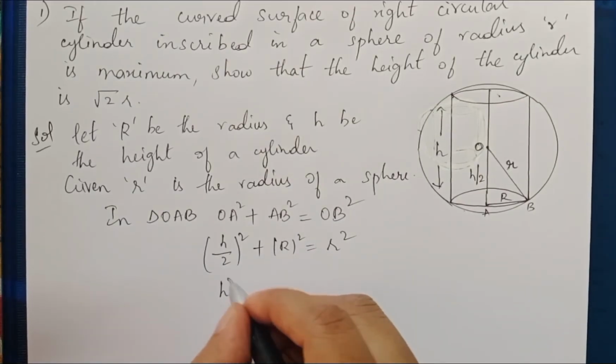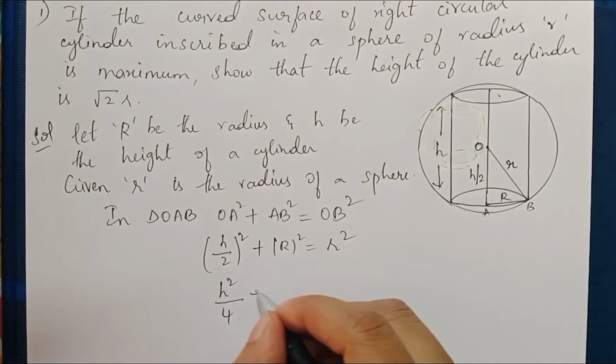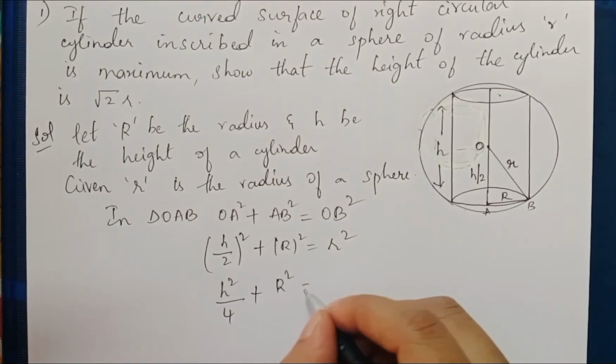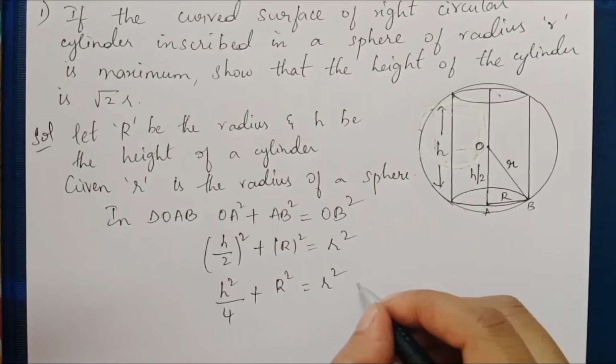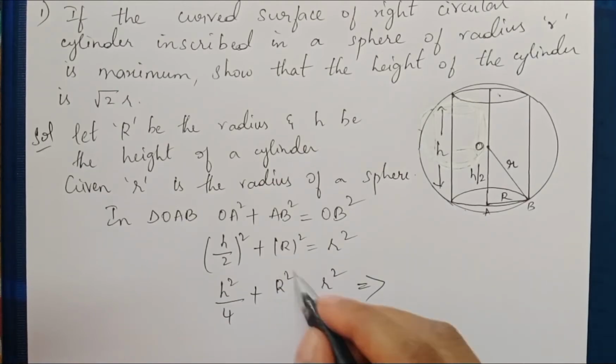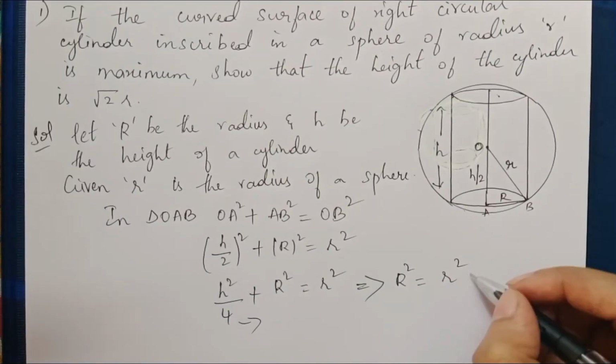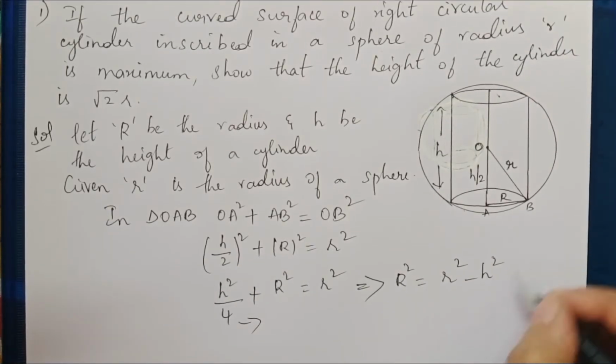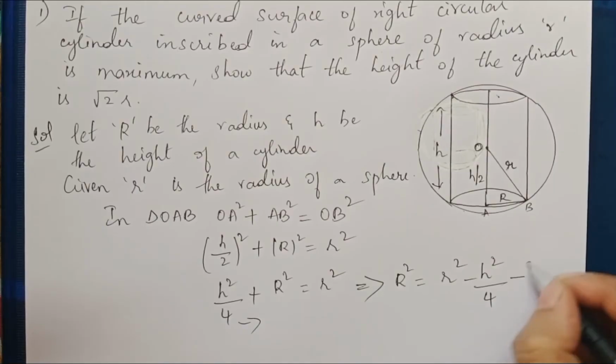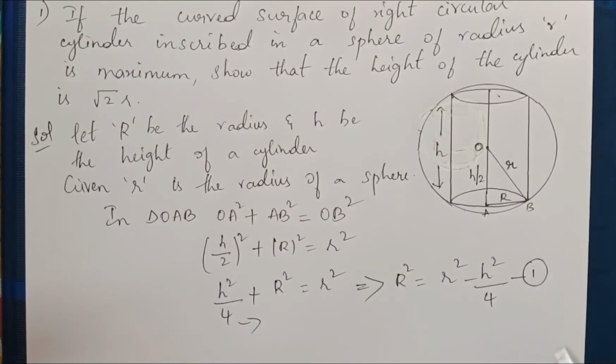So this becomes h square by 4 plus R square is equal to r square. From here we get capital R square is equal to small r square minus h square by 4. Take it as equation 1.